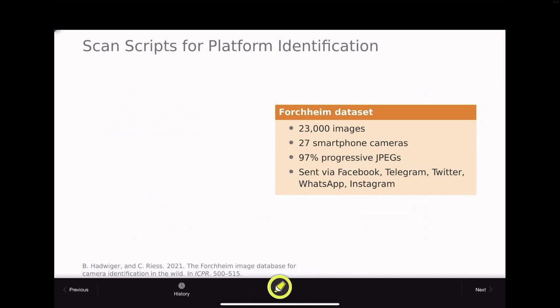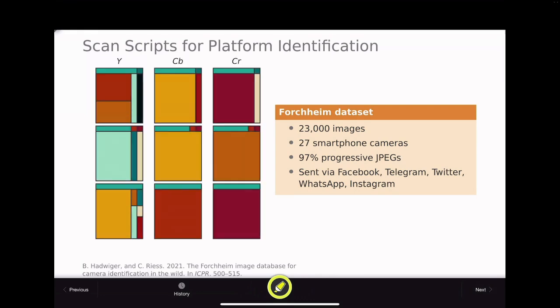The images were sent via Facebook, Telegram, Twitter, WhatsApp, and Instagram. We extracted the scan scripts, and what I didn't tell you is that color images actually have 3 scan scripts, one for each channel. To our surprise, in this Folkheim dataset, we only found 3 distinct scan scripts.